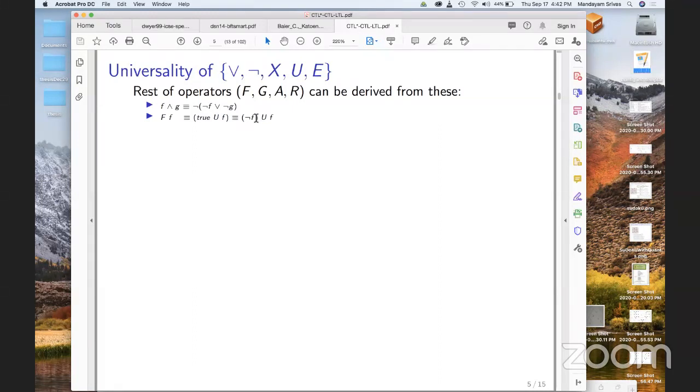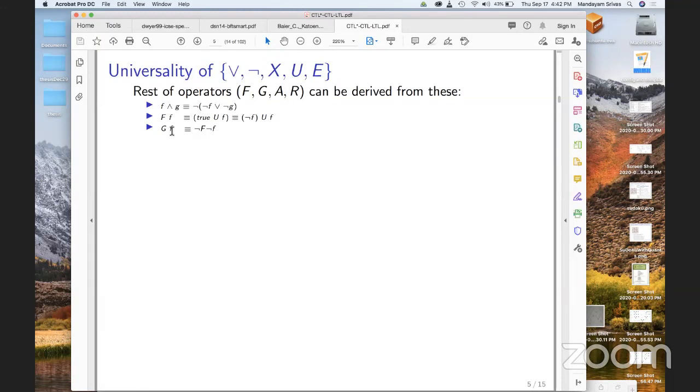That can also be expressed as true until F. G F is true if it is not the case that on every path originating from that state, not F is true.